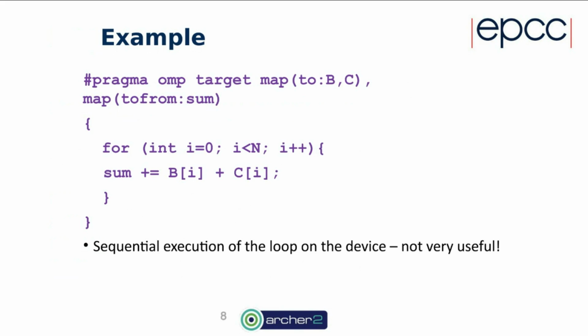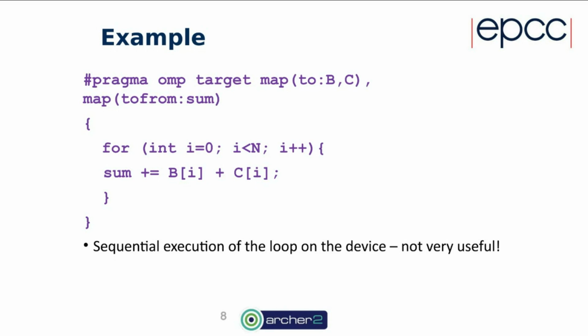Okay, a simple example. Suppose I had a loop like this that forms the sum, basically a dot product of two vectors. I can offload this onto the device with this construct: omp target, and then I need to map the vectors from the host to the device.